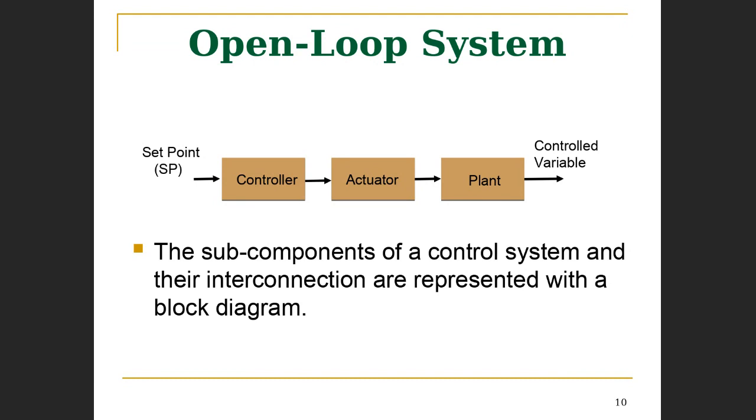Now, just to remind you, in engineering, block diagrams are very common, okay? And we need to understand what a block diagram is and how it is used. So first of all, a block diagram consists of blocks, these rectangular shaped units with labels on them. And these blocks represent sub-components, subsystems. The next part of a block diagram consists of arrows.